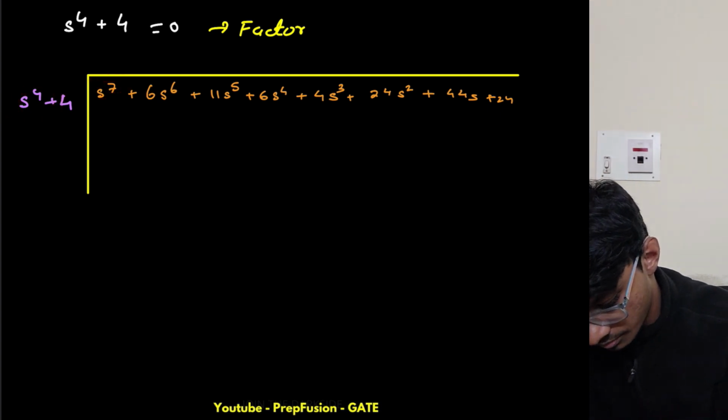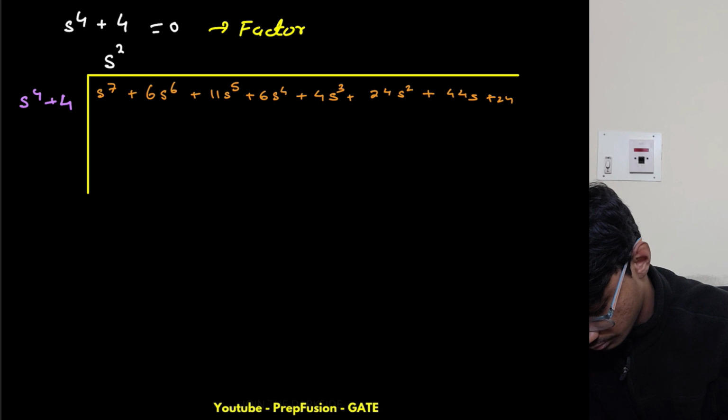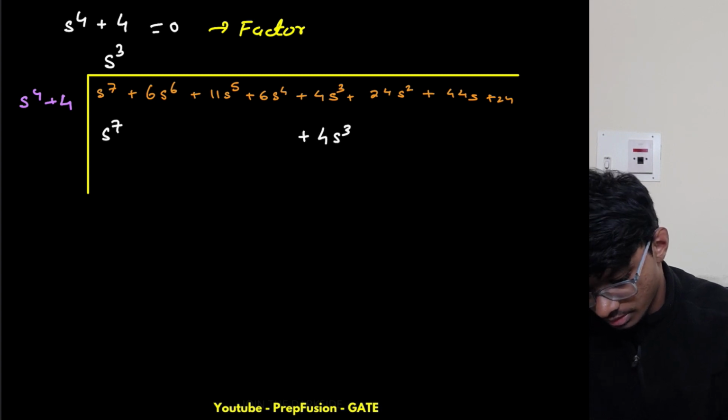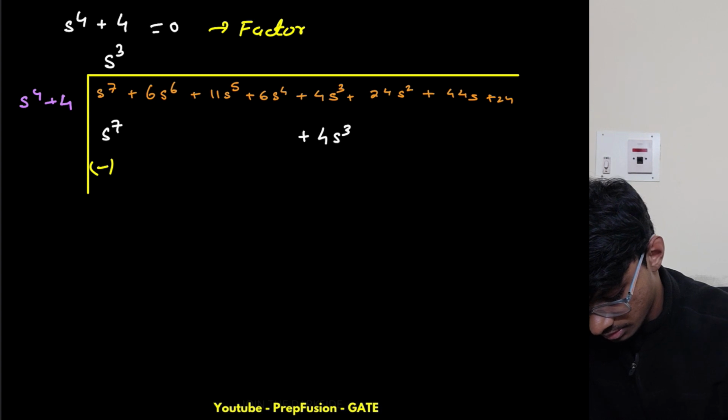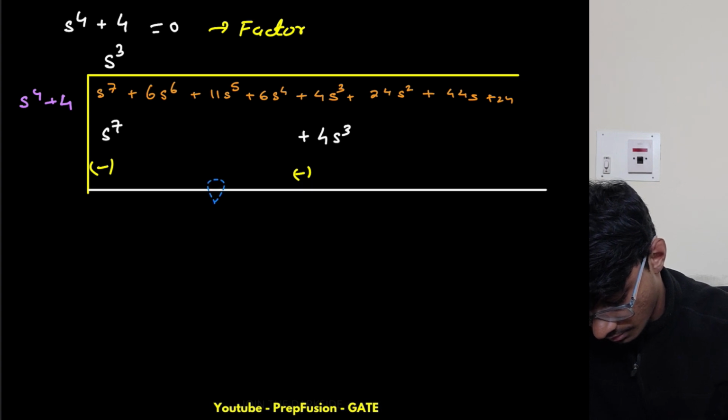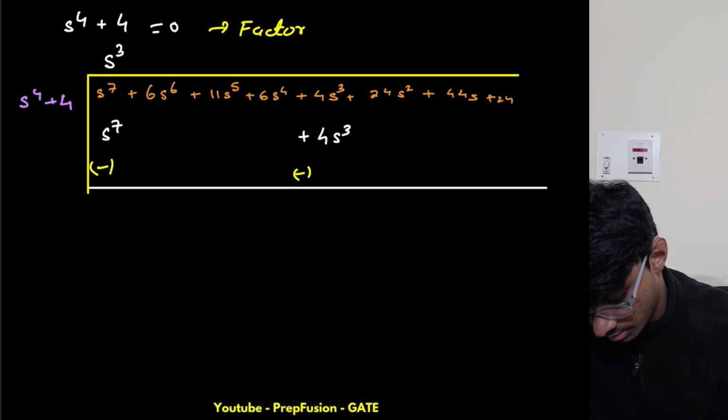So this will be s cube. So this is s to the power 7 plus 4 s cube, right? Plus 4 s cube minus, and this becomes 6s cube.